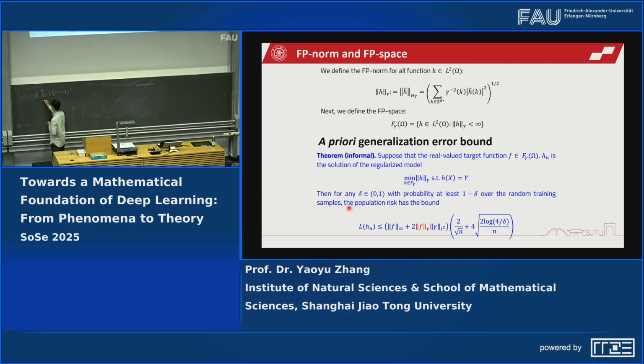The population risk is an integral over f theta of x minus f star of x, where f star is the target function. There's no x_i here, it's x.